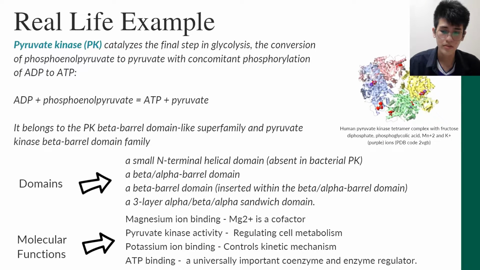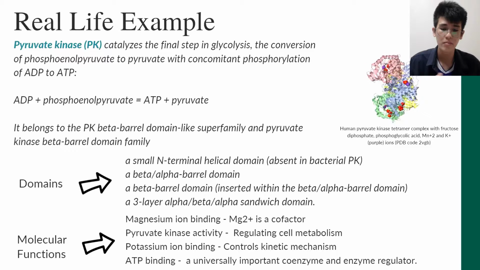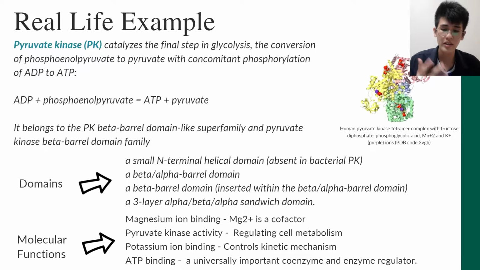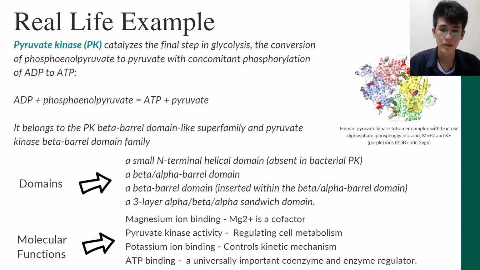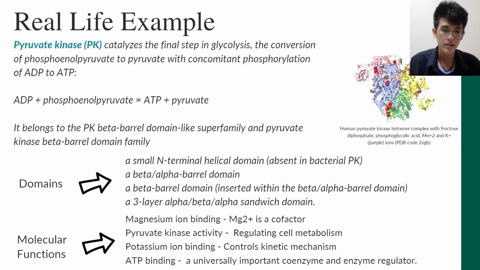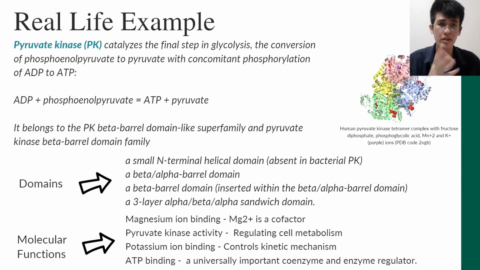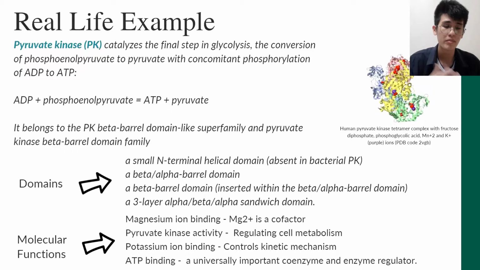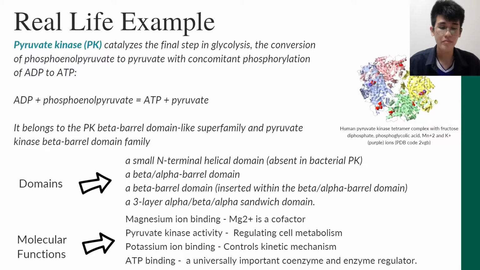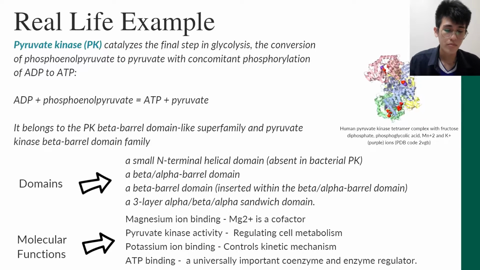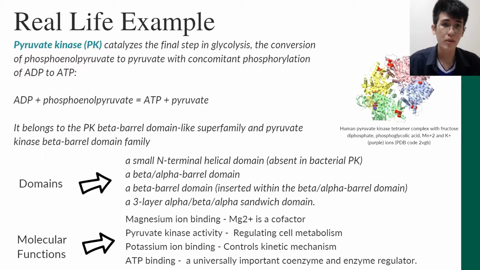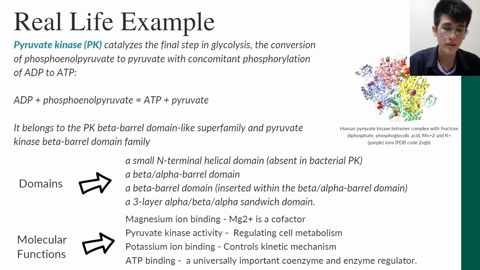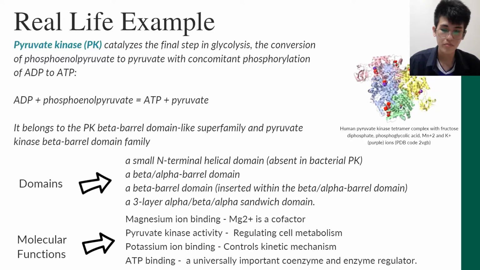So you would see that it belongs to a PK beta barrel domain like superfamily, and another pyruvate kinase beta barrel domain family. So as you can see on the right side, there's like a moving 3D model. This is actually for the human pyruvate kinase. So this image I got from JMOL, which you can get the code from PDB and put inside JMOL.